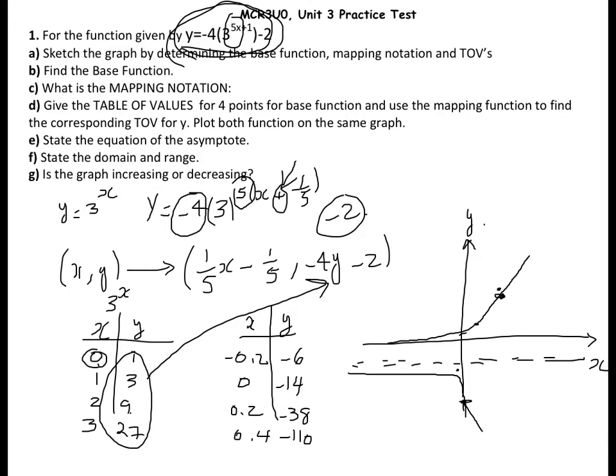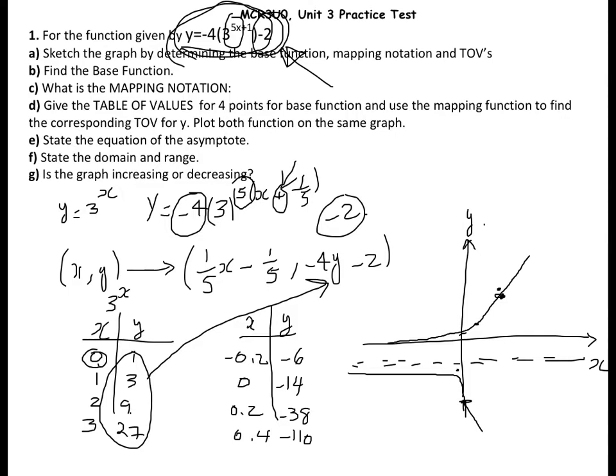In general, the equation of the asymptote is this value, this constant, negative 2. Whenever you see that constant, that's going to be your asymptote in general, because the exponent part always goes to 0.